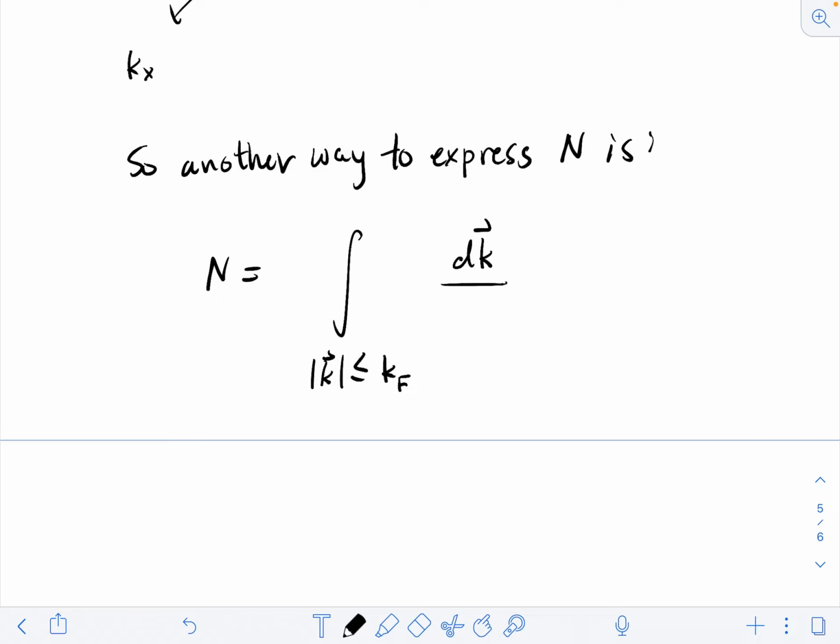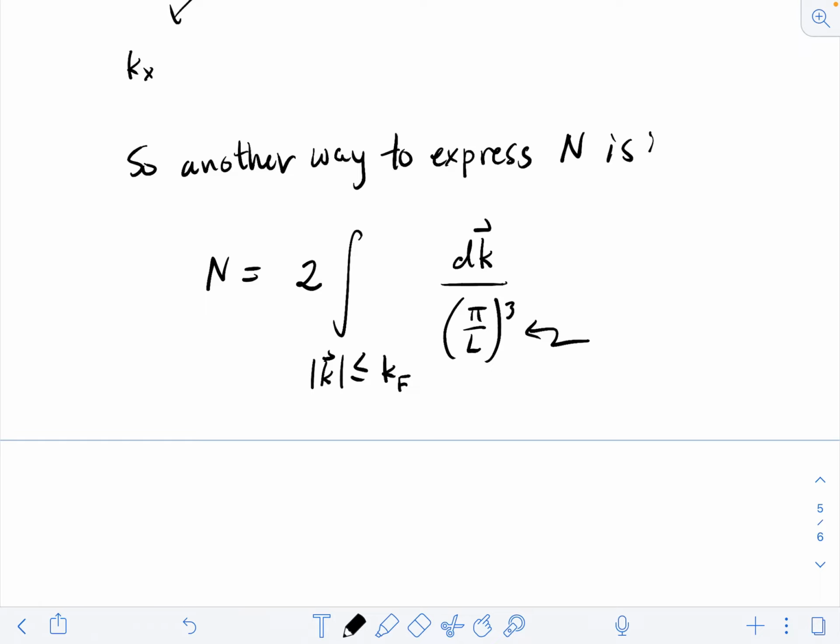And remember last time we said the volume occupied per state is this pi over L cubed. So if we take the total volume of all the occupied states, divide by the volume per state, we would get the number of filled states, or the number of particles, except that we're going to put 2 particles in each state.